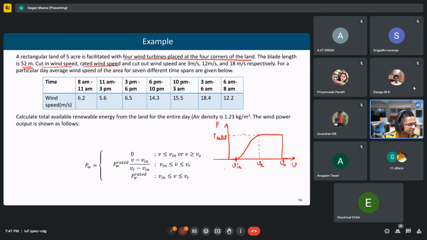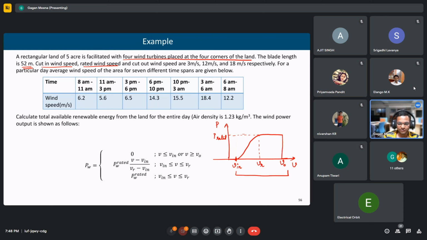It can damage the wind turbine, so it will stall. Using the yaw drive, it will change the direction of the wind turbine itself. Then it will stop till the speed is reduced and comes within the range. So the range within which it can generate power is between cut-in to cut-out speed.